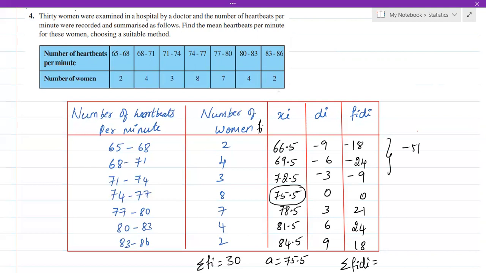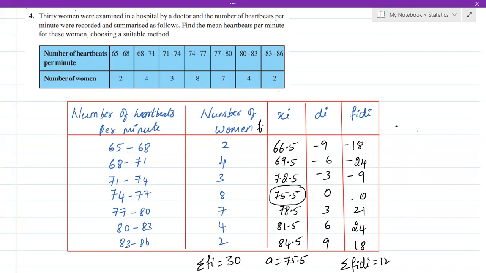And if you add all the positives, 3 plus 1 is 4, 8 plus 4 is 12, we get 63. So plus 63 minus 51. If you combine these two things, we get 12, isn't it?